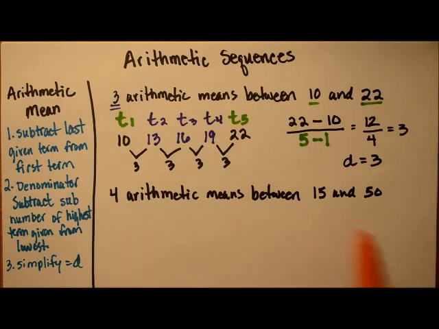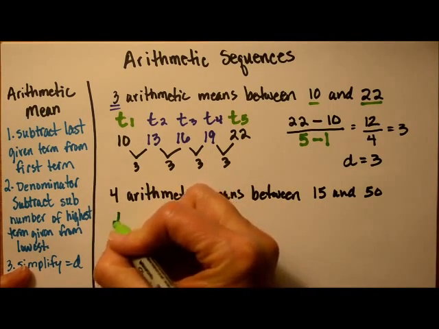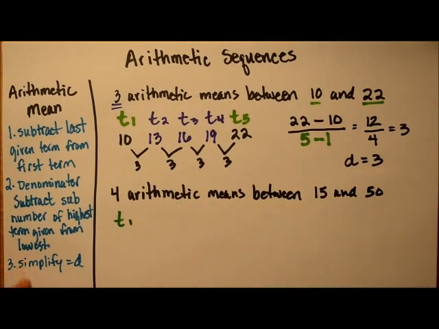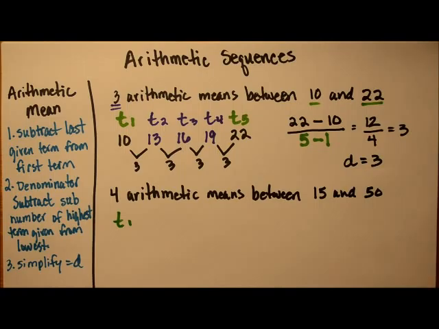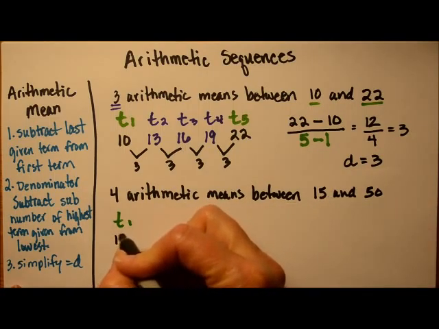Okay, so I have 4 arithmetic means between 15 and 50. So what I have is T1 is 15.